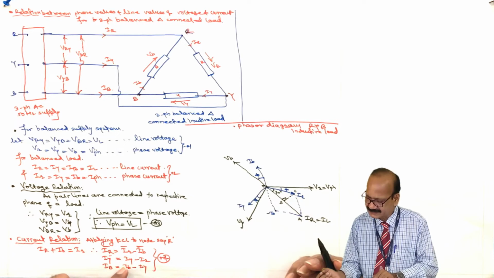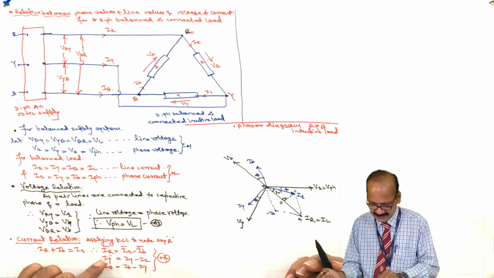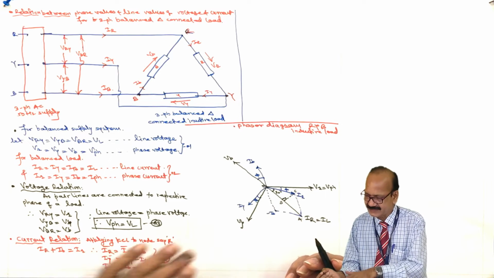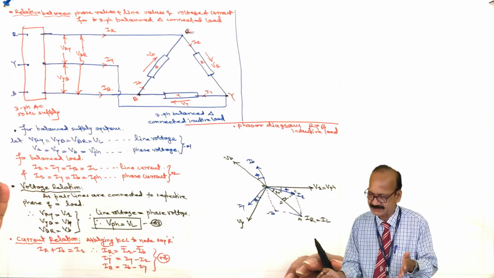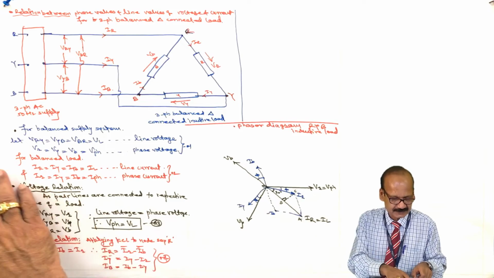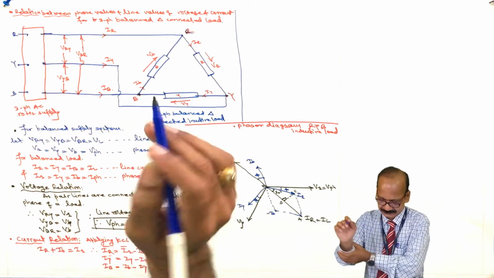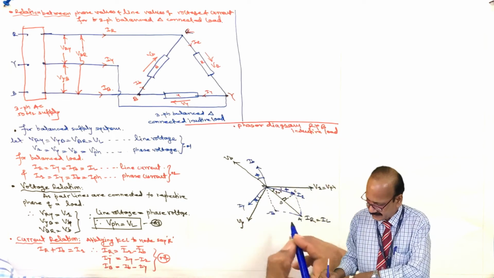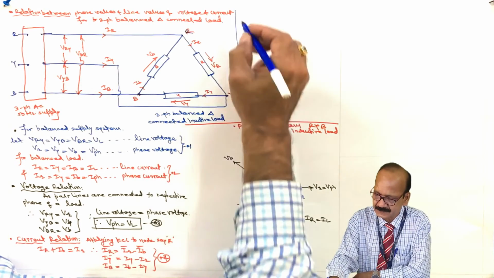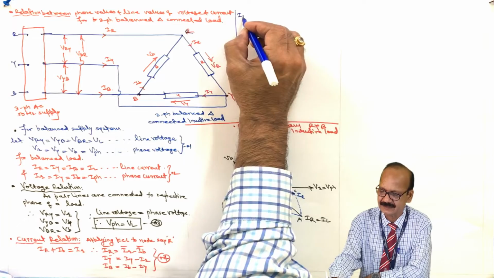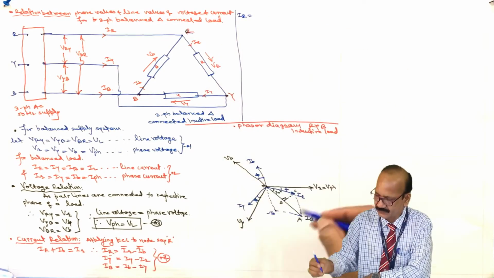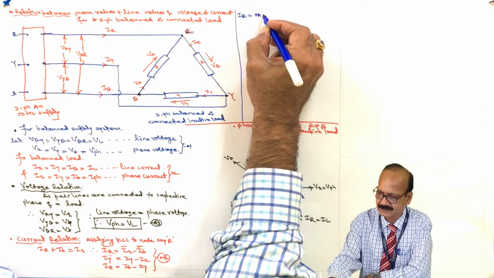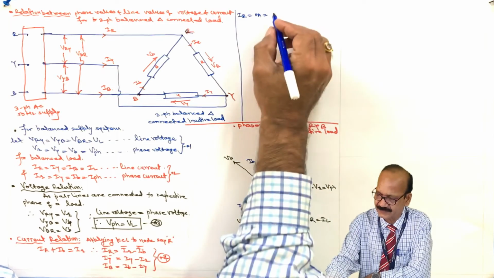Similarly, we can obtain the similar relations for capital IY and capital IB. But one is sufficient to find out the further relations. So here, capital IR equal to OA equal to twice OB.